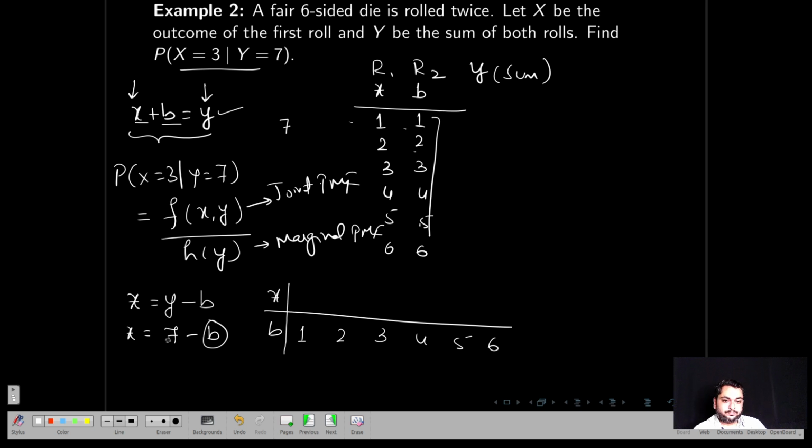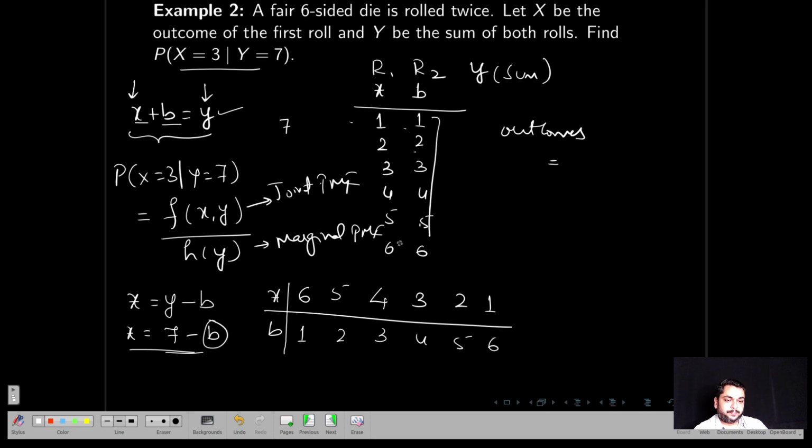When b is 1, what is x? 7 minus b, this will be 6. When b is 2, x is 5. When b is 3, x is 4. When b is 4, x is 3. Then when b is 5, x is 2. And then 1.